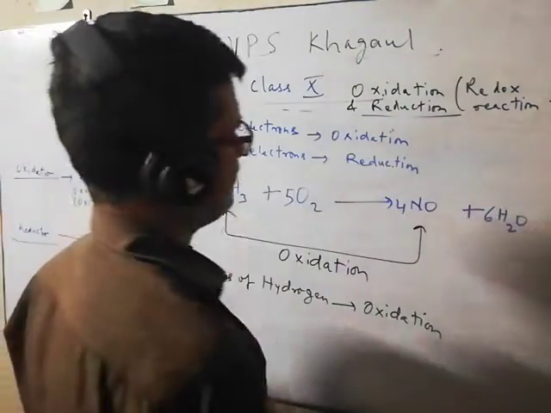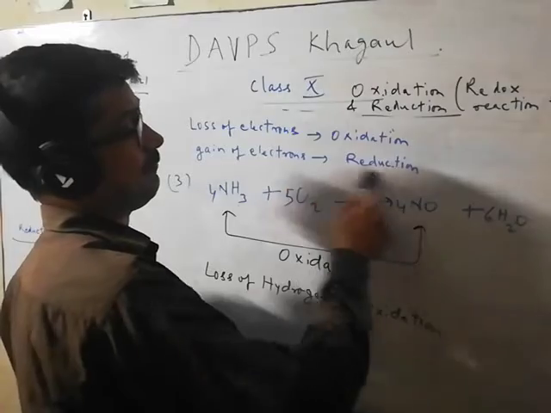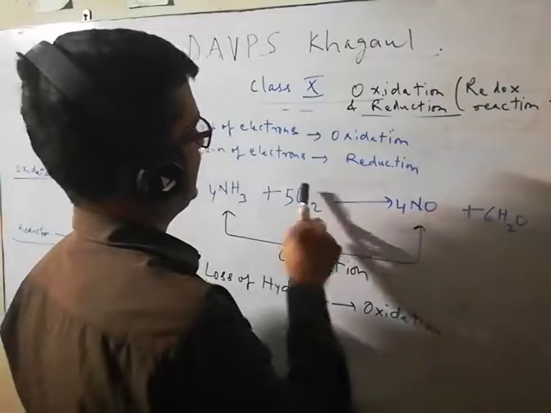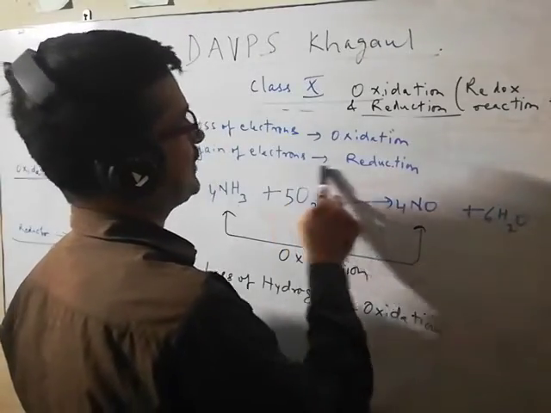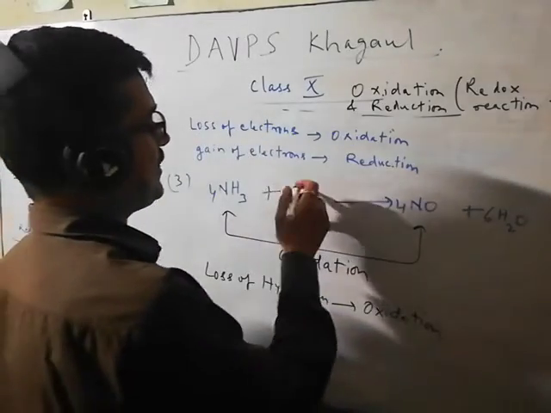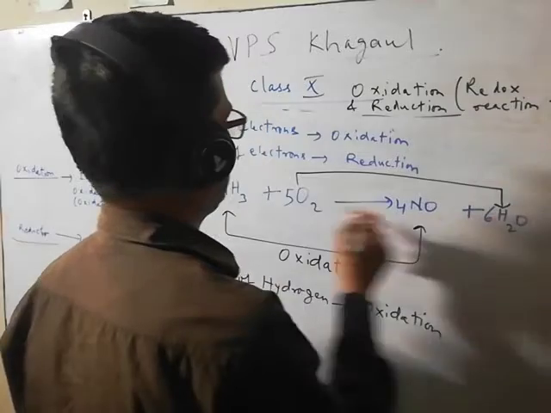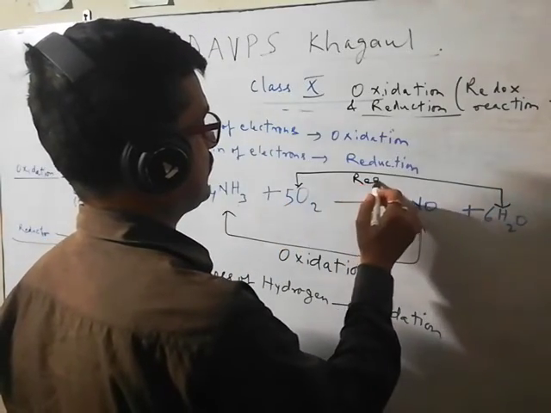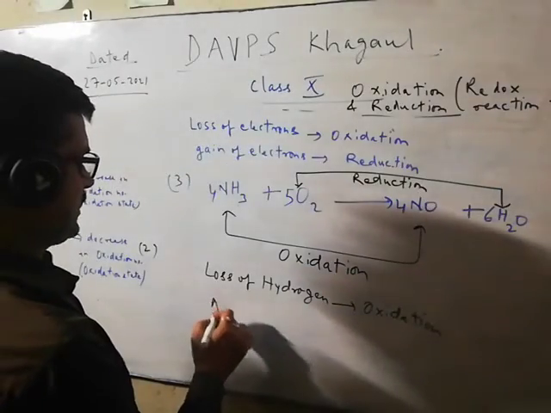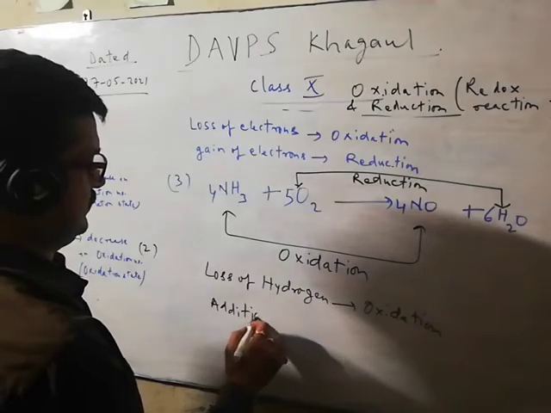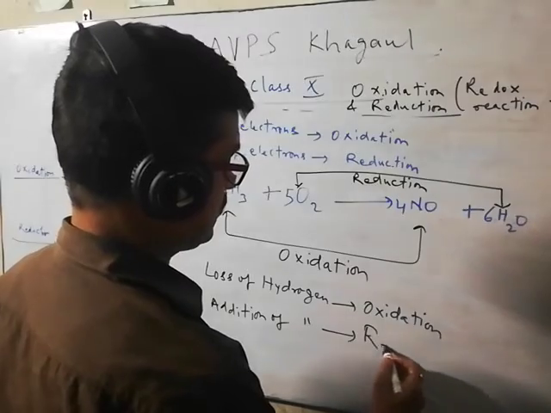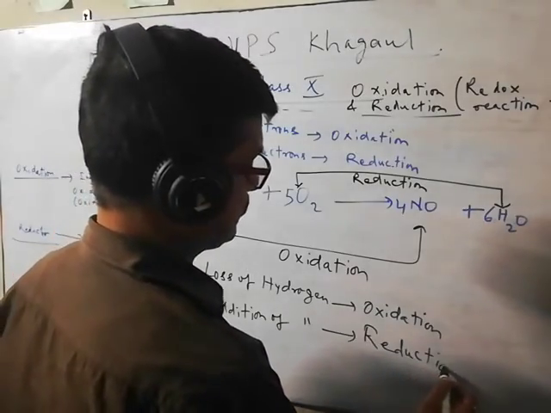So where is the reduction? Is there any reduction here? Now see here, oxygen is getting hydrogen, so addition of hydrogen is taking place. Addition of hydrogen is reduction.